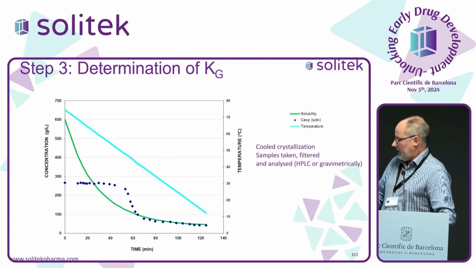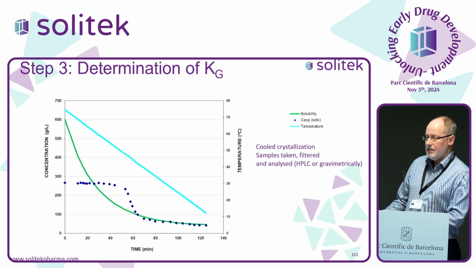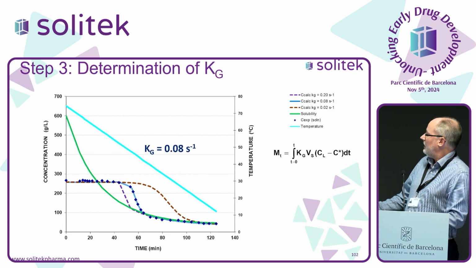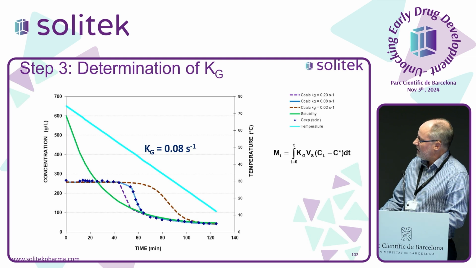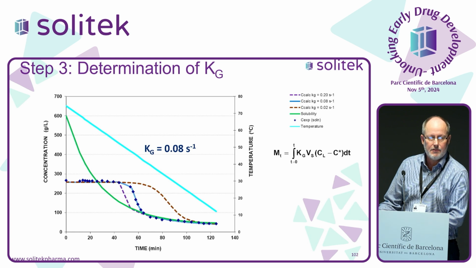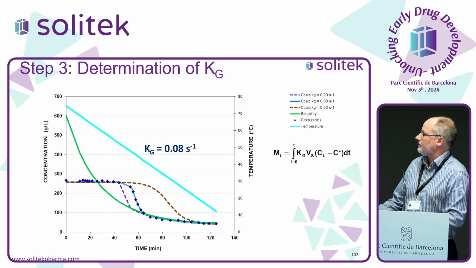So that's what happens, and then we can fit this data to our supersaturation model. Here's the equation. What happens is if you have different growth, crystal growth constants here, you would see different shapes of the curve. And just fitting this data, we can find out the crystal growth constant for our model.